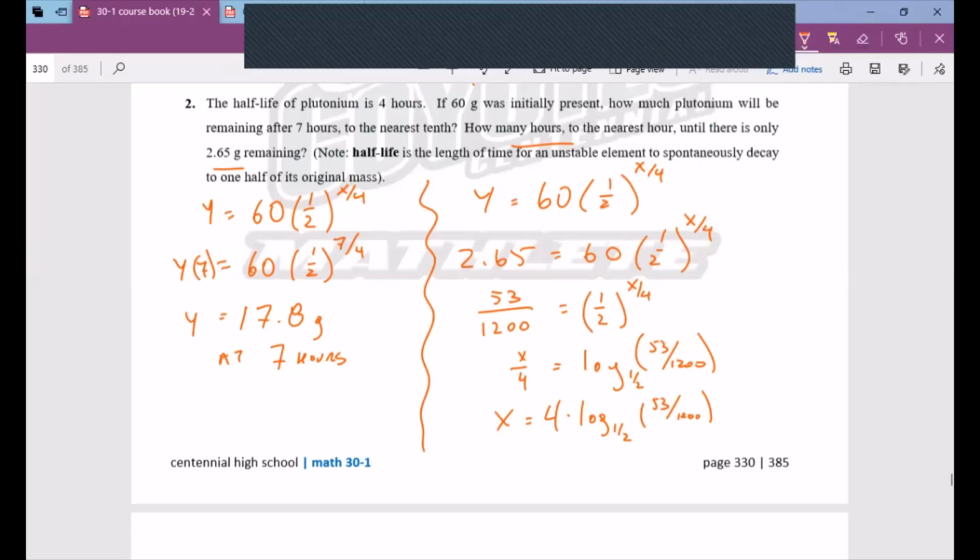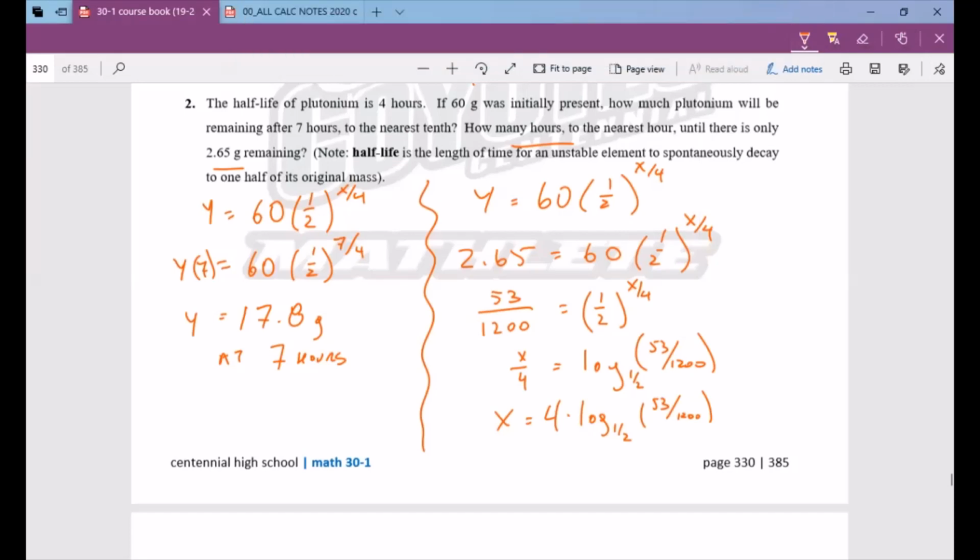Now at this point, you're either going to push this into your calculator just as it is, if your calculator can handle logarithms with different bases. If not, you need to do your change of base formula. And let's do log of 53 over 1200.